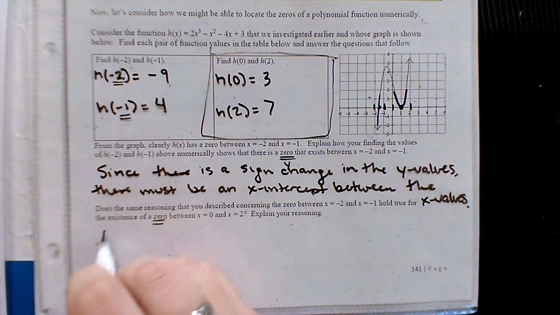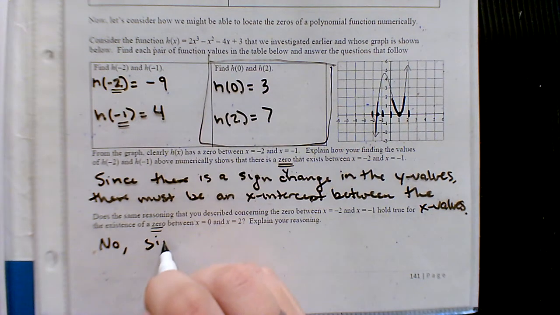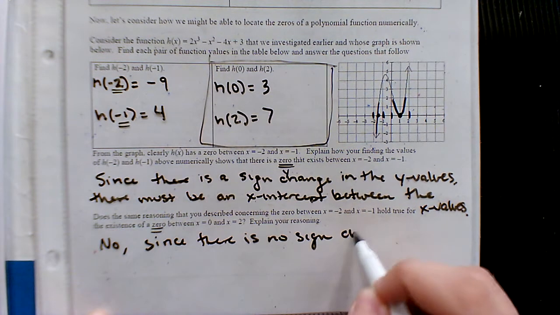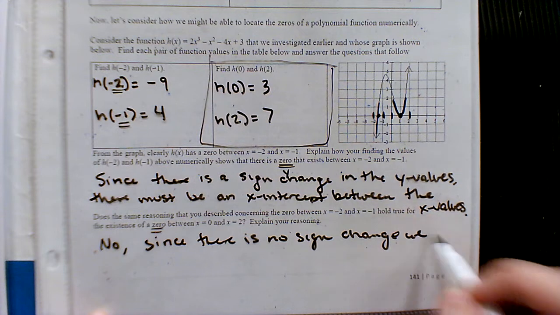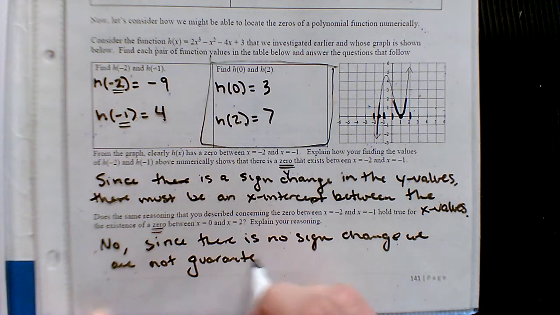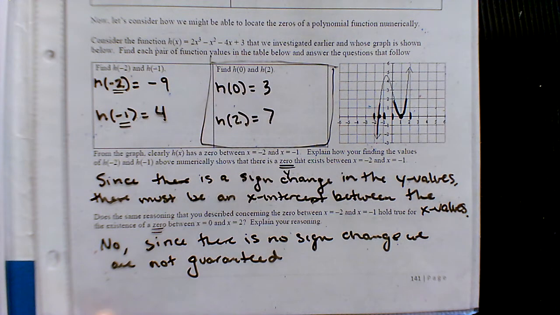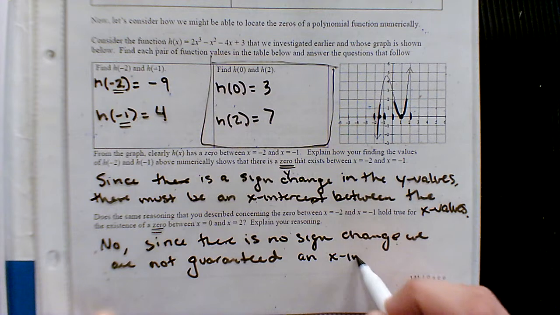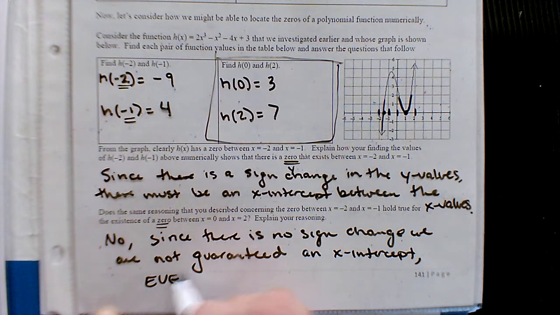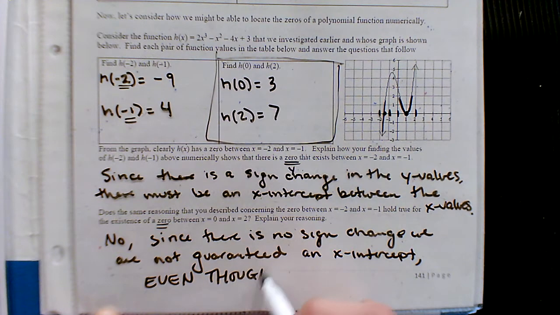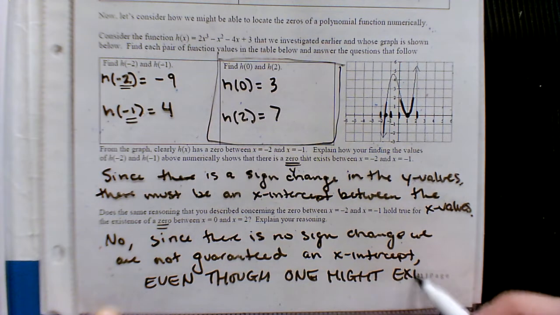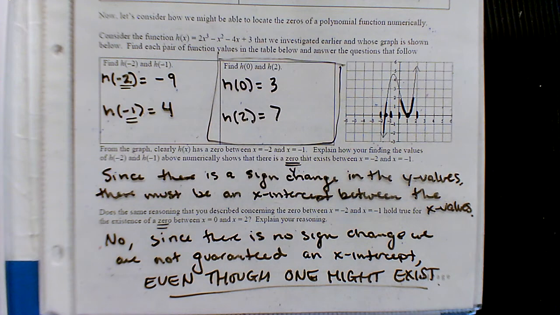So we'll say no, since there is no sign change, we are not guaranteed an x-intercept, even though one might exist. That's kind of the kicker.